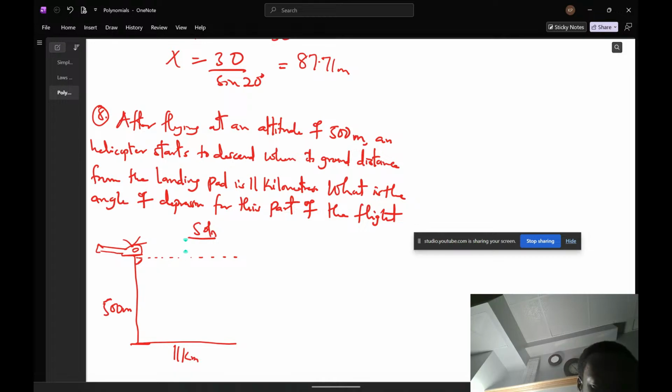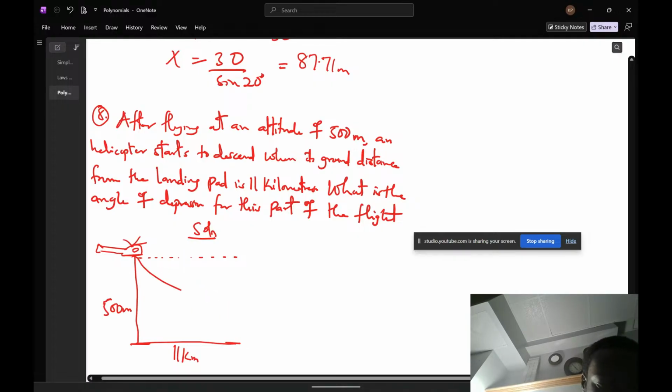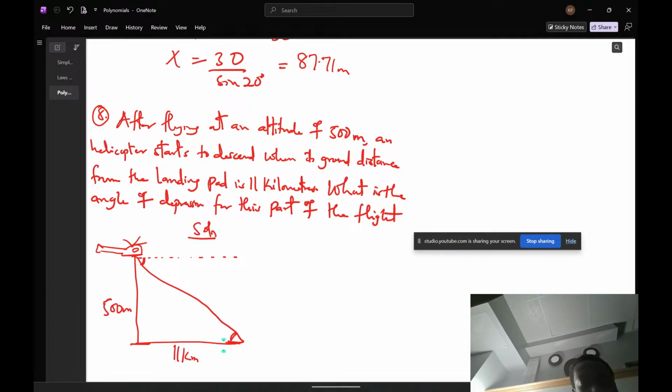Sorry, this is not where it's supposed to be. This is the angle of depression, so it is this angle. Two alternate angles that form a letter Z are equal to each other. I'm still going to talk about angles in one of my other videos I'm going to upload on YouTube. We are looking for the angle theta.